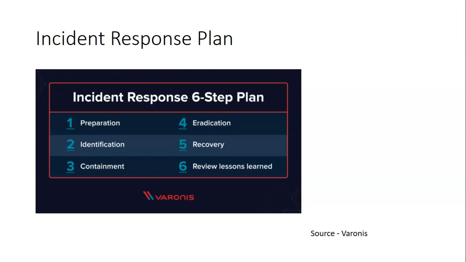Okay, so in preparation, this is where you install security controls like antivirus and your firewall. We also install detective controls like your SIEM, and preventive controls like antivirus, HIPS, NIPS, tools like that. You're just ensuring that the organization is prepared for an incident.